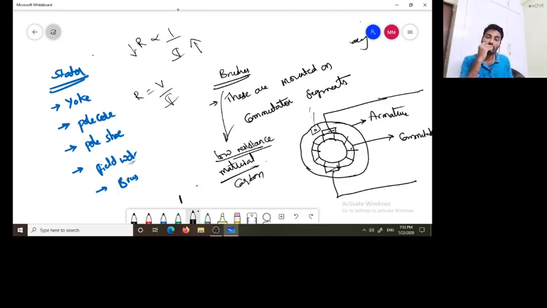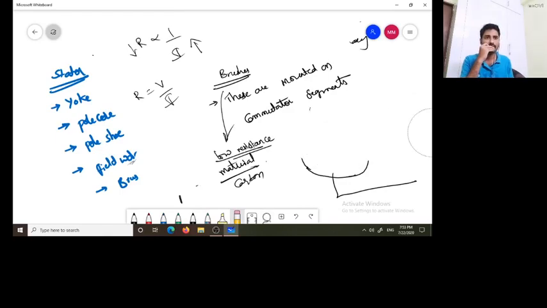That EMF is an AC value of EMF, which can be converted into unidirectional EMF by using a commutator. That direct current is collected through these brushes. So the main function of the brushes is to collect the current from the commutator segments.